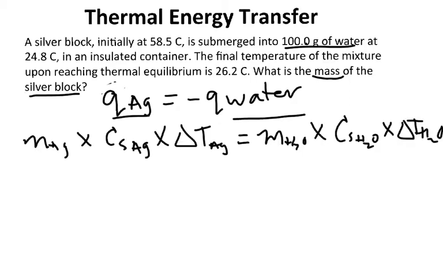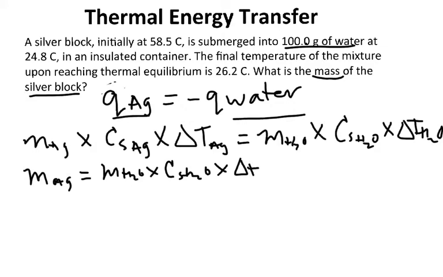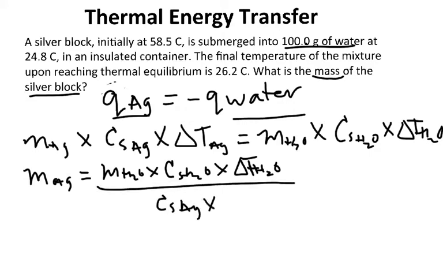We want to find the mass of silver, so we're going to rearrange this. Mass of silver is equal to the mass of water times the specific heat capacity of water times delta T of water, all divided by the specific heat capacity of silver times the change in temperature of silver.